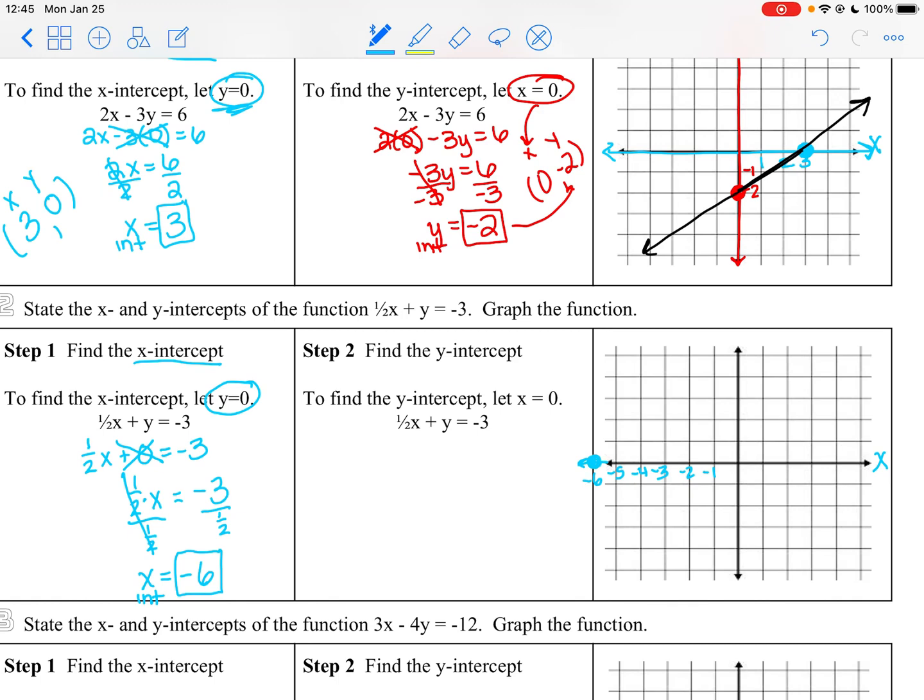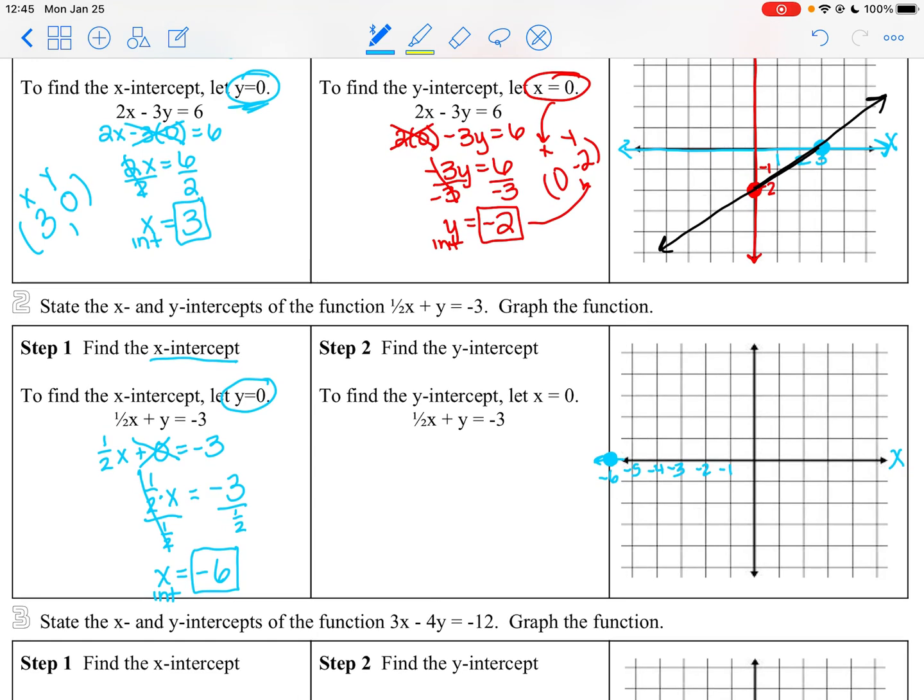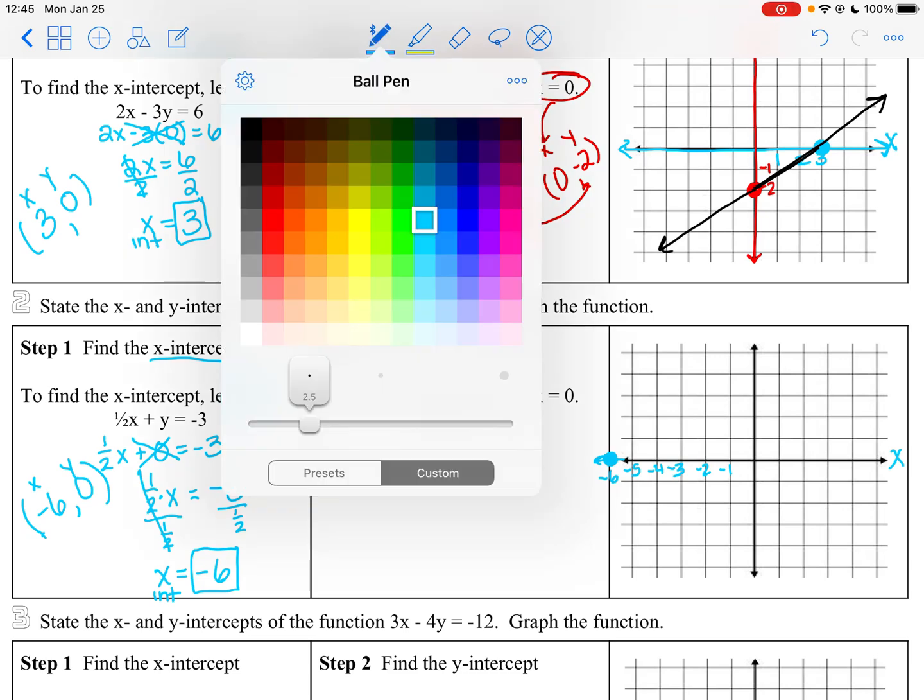So I'm going to find where that would be and put my dot on the x-axis at -6. So again, if I wanted to write this as an ordered pair, so every ordered pair has an x value and a y value. The x value is the -6. Then once you get there, you don't go up or down at all. So it's -6, 0 for that ordered pair.